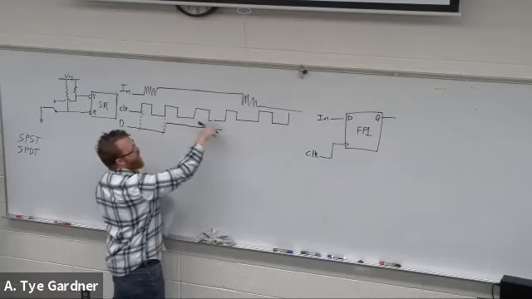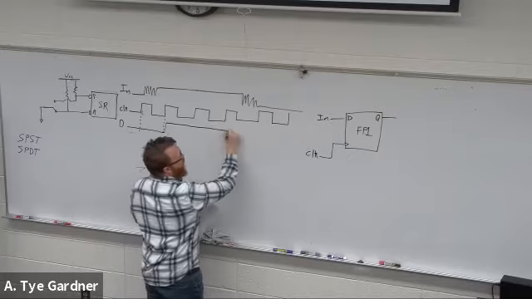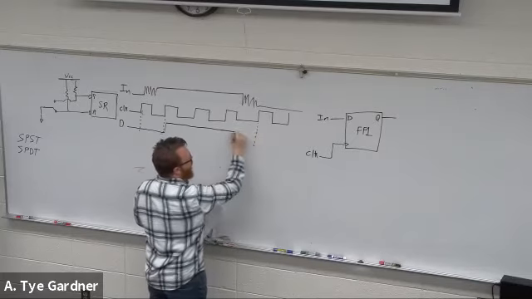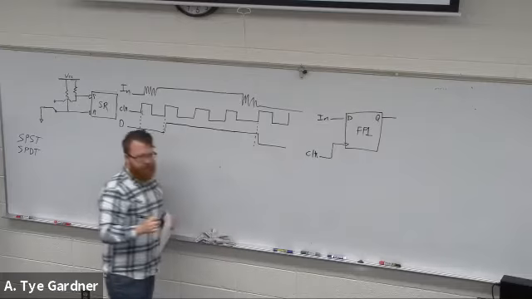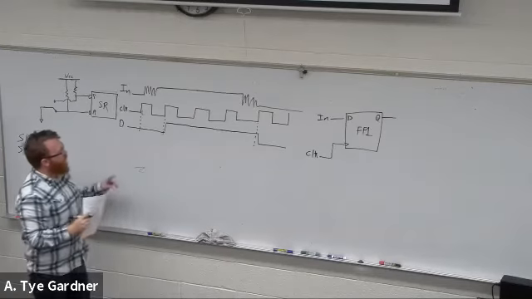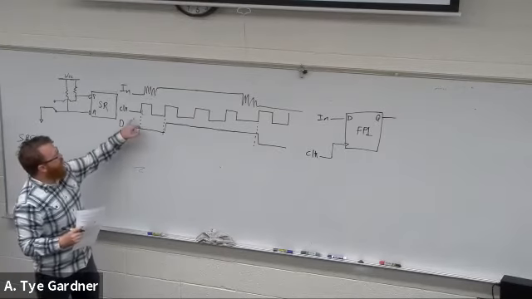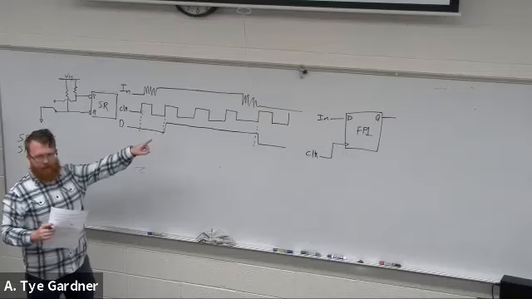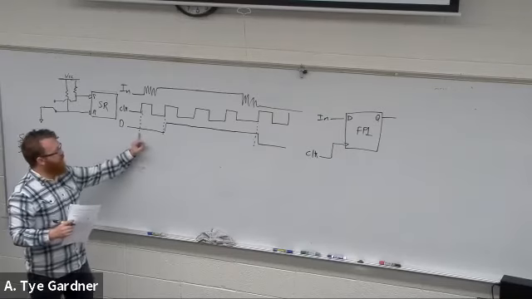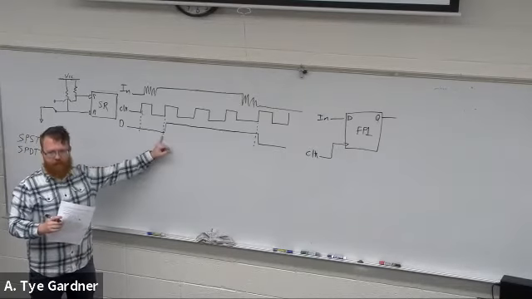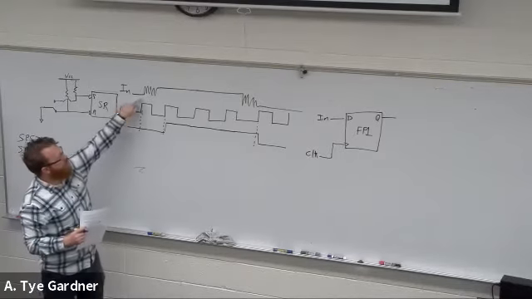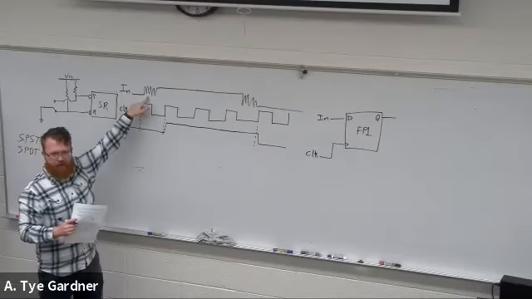Because it's 1, 1, and it's not until here, with a little bit of delay, that we drop back to 0. Okay, well, because we're using a flip-flop and we're synchronizing the updates to this edge, we are avoiding this bounce.